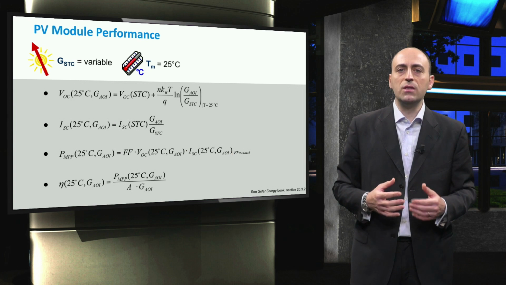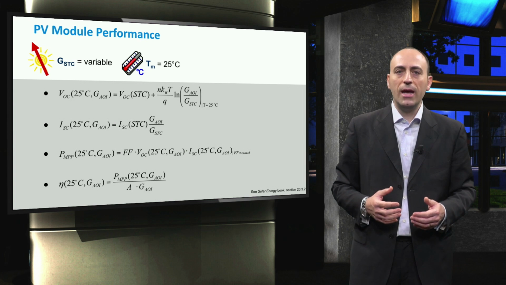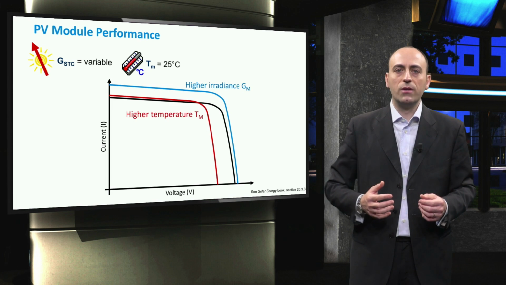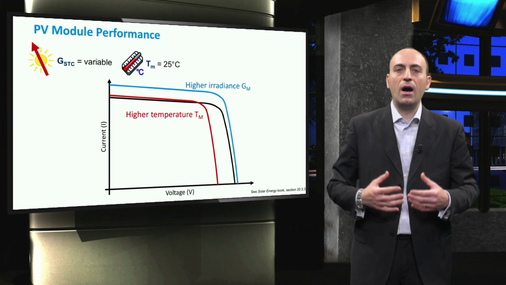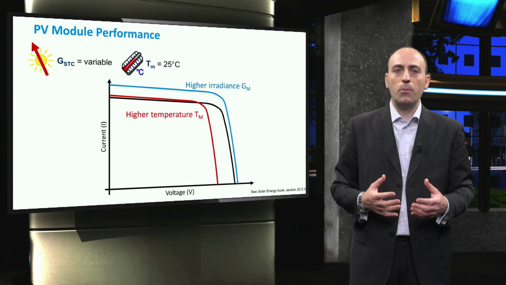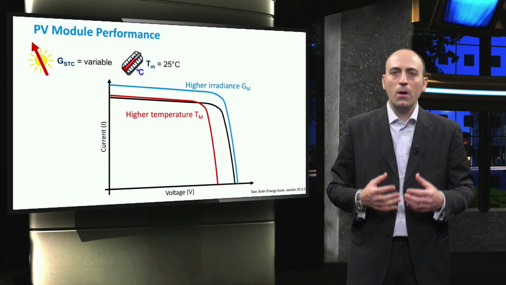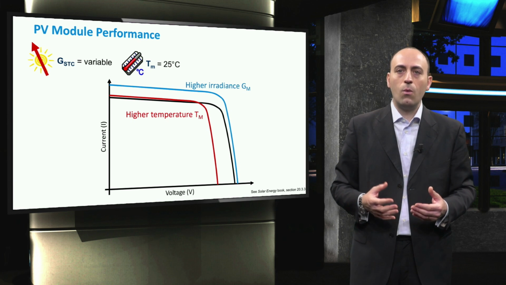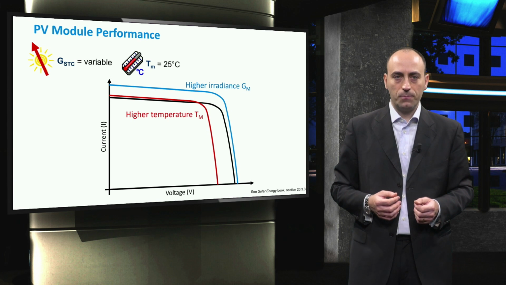Consequently, the efficiency is obtained from the maximum power point as function of the incident irradiance. Looking at the current voltage characteristic in case of a higher irradiance, we notice the positive effect of a higher irradiance values on the blue line. Here, the short-circuit current increases proportionally with the irradiance, while the open-circuit voltage increases with a logarithmic scale.